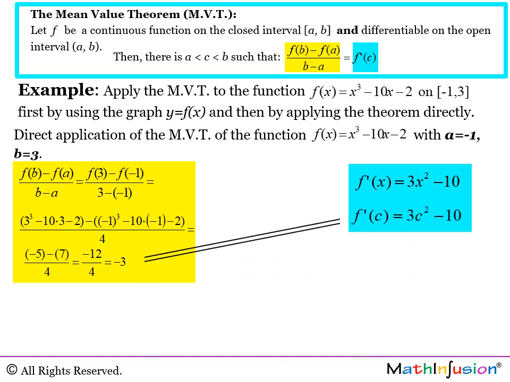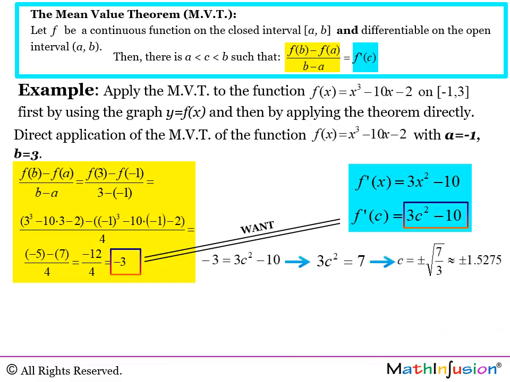So f prime of c is 3c to the power of 2 minus 10, and I want those two to be equal. So we can solve that. Let's do that. We get plus minus square root of 7 over 3, which is roughly plus minus 1.5275, okay?